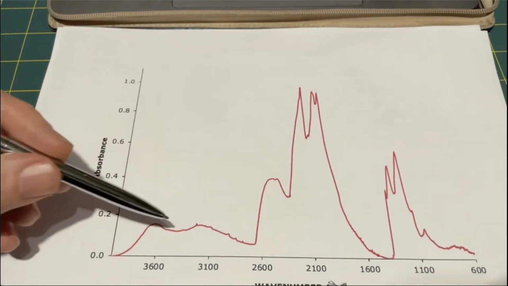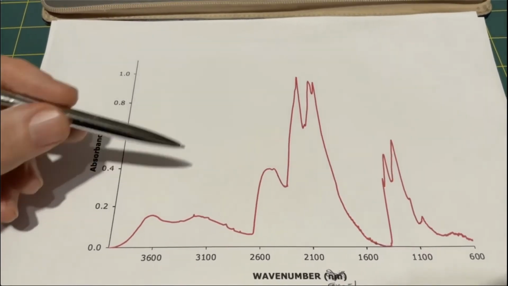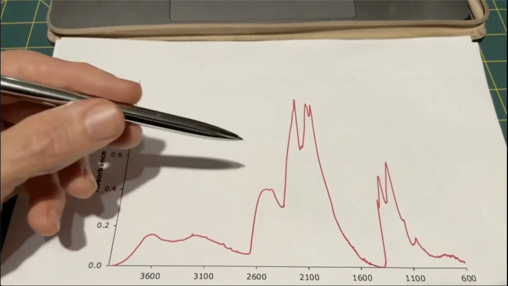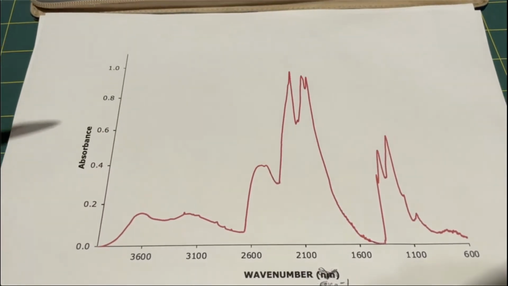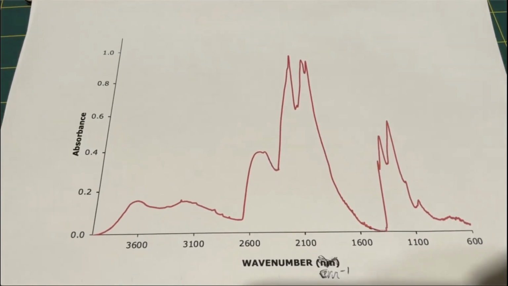Over here, this tends to be where some of the hydrogen related peaks appear, though they do appear elsewhere as well, and amongst some of these areas, boron peaks will appear. But that will be covered in other lectures in this series.